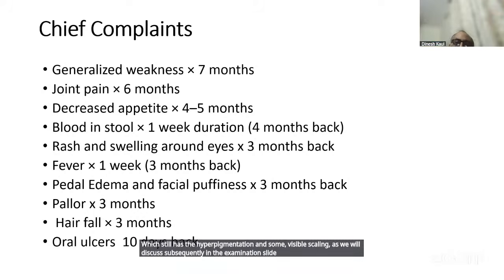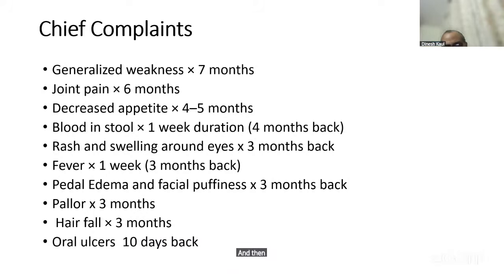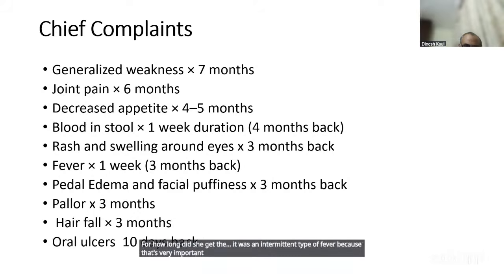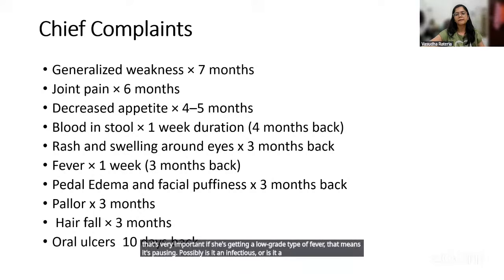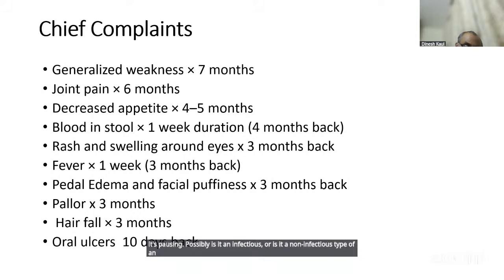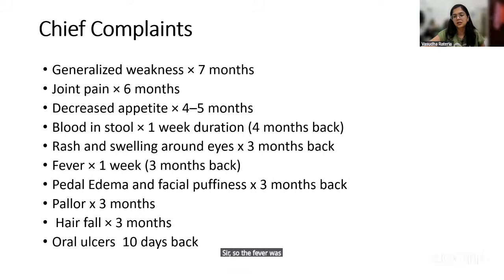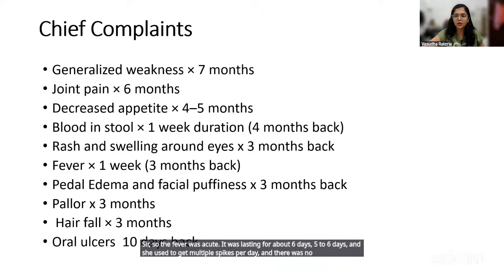Fine. Then fever. Yes, sir. How long did she get it? It was an intermittent type of fever, because that's very important. If she's getting a low grade type of fever, it is possibly infective, or is it a non-infectious cause going around? Sir, the fever was acute, lasting about 5 to 6 days, and she used to get 1 to 2 spikes per day, and there was no localizing sign along with fever.